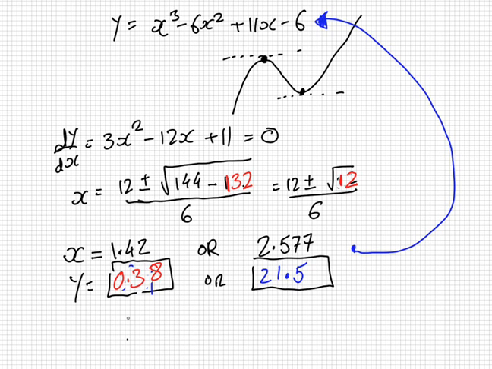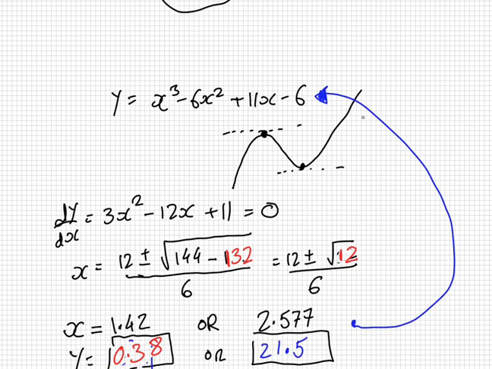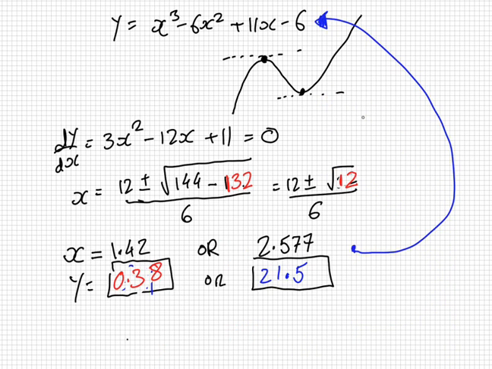Yeah? So look, we have our two turning points now. If I go back up here, here it is. This one, are you sure about this one? Minus 0.3. That sounds better. What is it? Minus 0.38. Thank you.